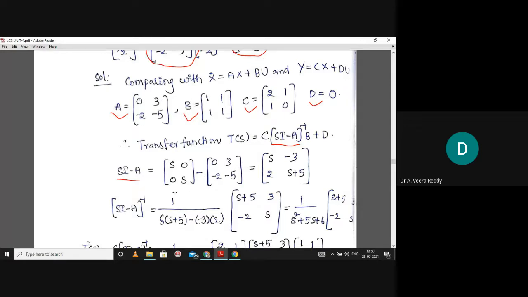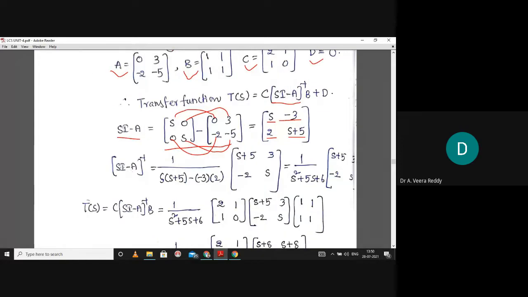So sI - A = [s-0, 0-3; 0-(-2), s-(-5)]. So s - 0 is s, 0 - 3 is -3, 0 - (-2) is 2, s - (-5) is s + 5. So this is sI - A.